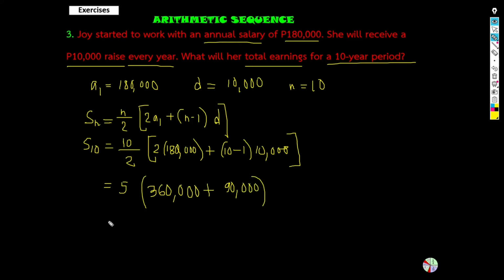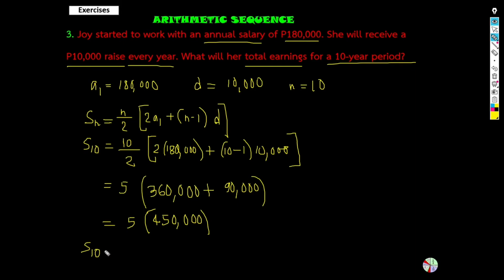So 360,000 plus 90,000 is just equal to 450,000.